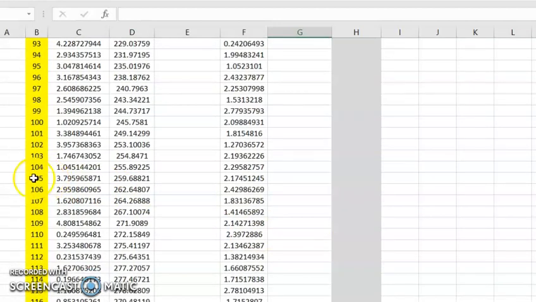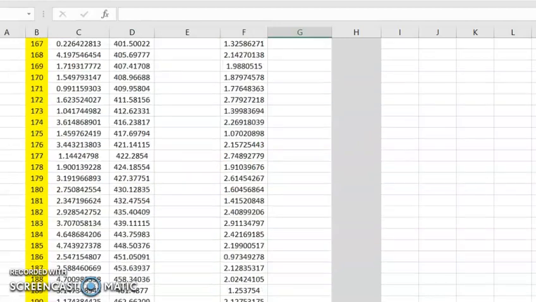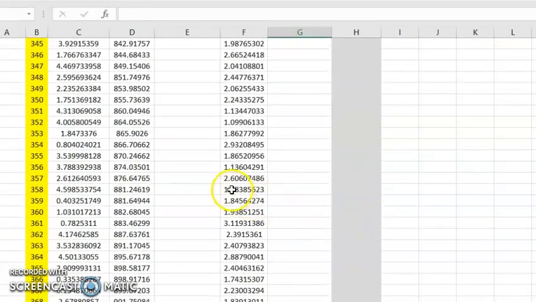For example, according to the random numbers that we have generated, the service time for scarf 104 is 2.29 minutes. Or for scarf 363, the service time is 2.40.